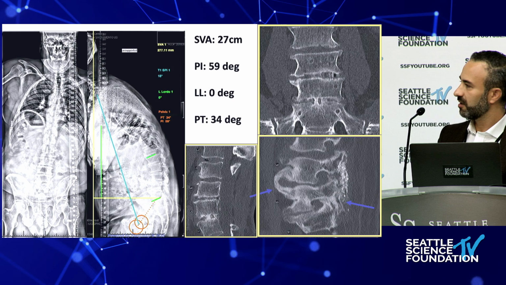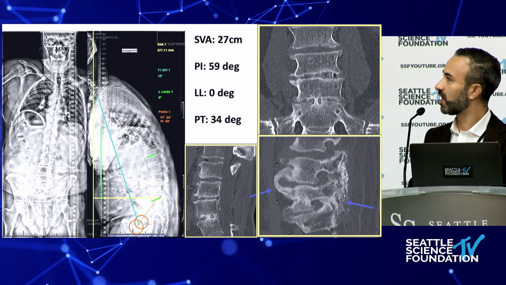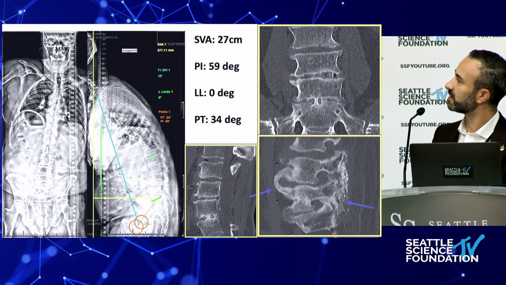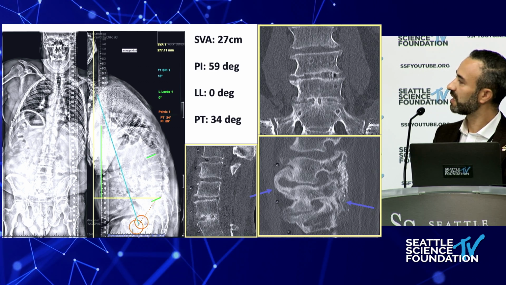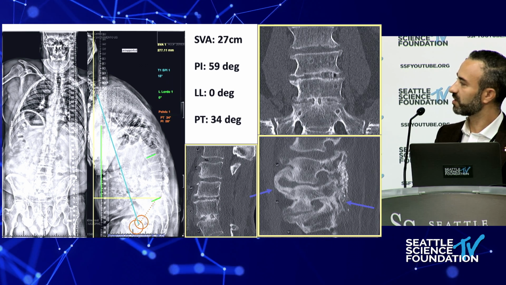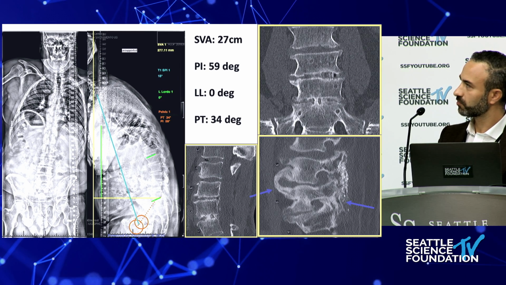Looking at advanced imaging, you could see that through the interbody, there is good fusion at L5-S1, even though it's several spot weld fusions. And in the anterior aspect of L4-5, there's a large osteophyte, and those segments are stable.